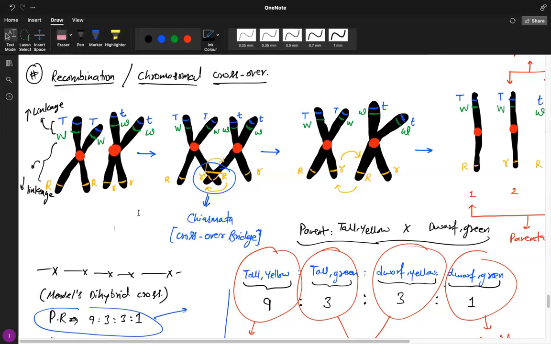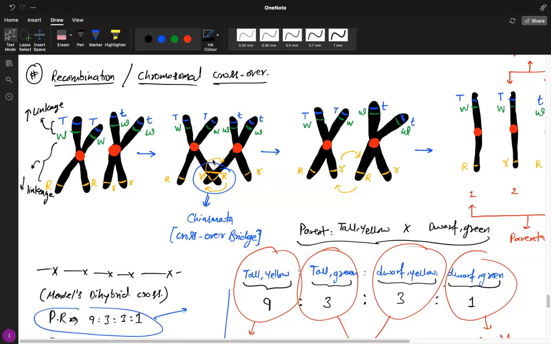Yes, sir. But nothing prevents them from crossing over. So how do two non-sister chromatids cross over? There is a whole bunch of machinery and proteins that allow them to come together and bind to each other. Then there is a protein that cuts the DNA strand and joins it with the other strand.